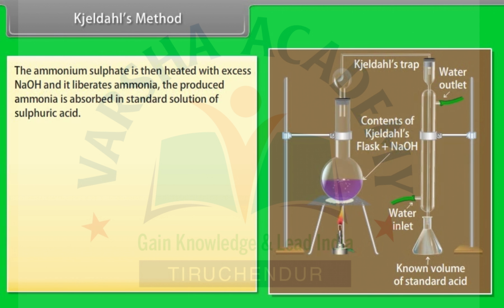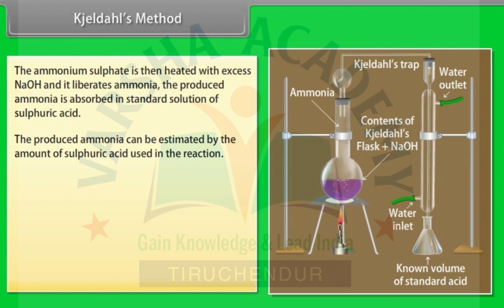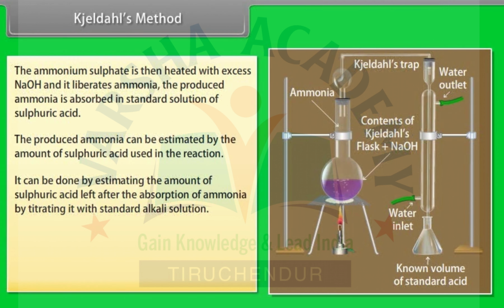The produced ammonia is absorbed in standard solution of sulfuric acid. The produced ammonia can be estimated by the amount of sulfuric acid used in the reaction. It can be done by estimating the amount of sulfuric acid left after the absorption of ammonia by titrating it with standard alkali solution.